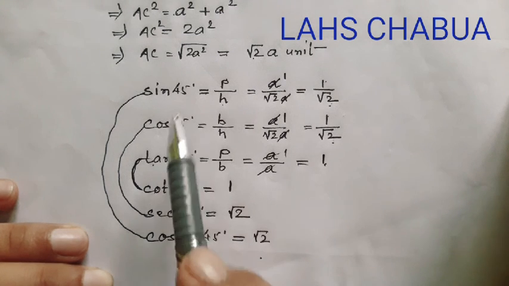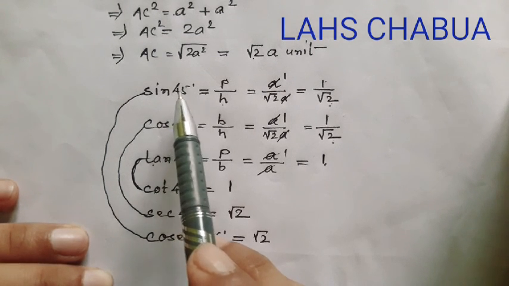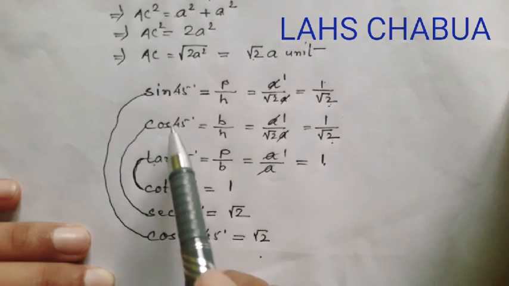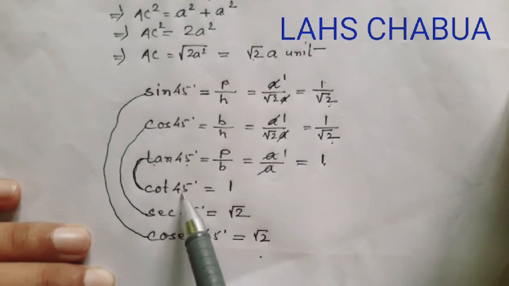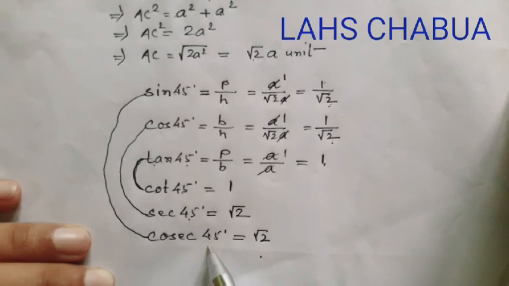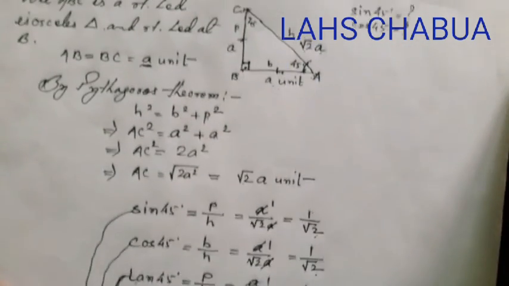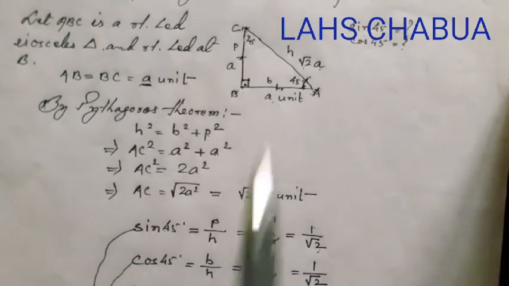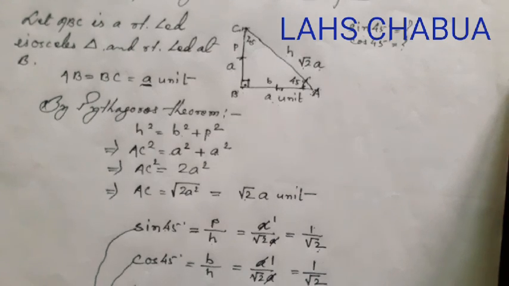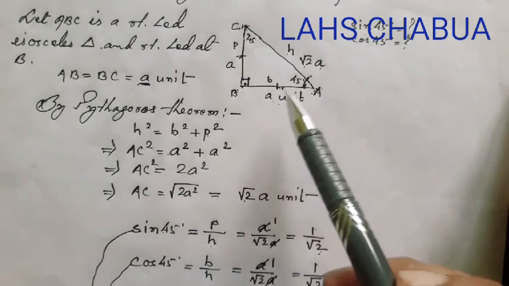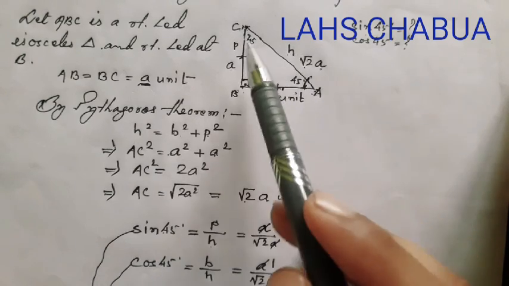You can see we got all 6 trigonometric ratios of 45 degree. Sine 45, cos 45, tan 45, cot 45, sec 45 and cosec 45. So this method is called geometrical method.